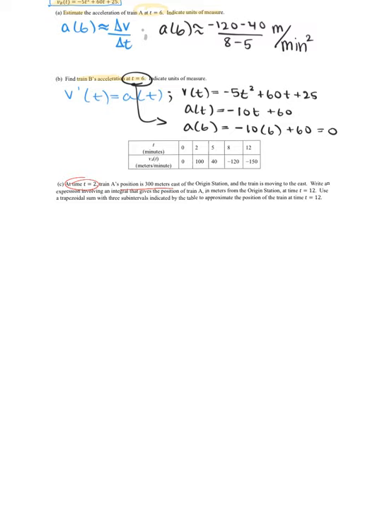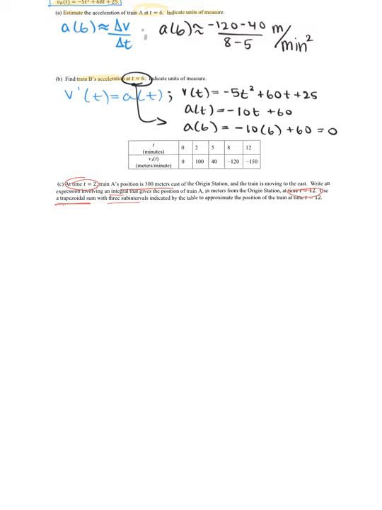Write an expression involving an integral that gives the position of train A in meters from the origin station at time t equals 12. And then use a trapezoidal sum with 3 subintervals indicated by the table to approximate the position at time t equals 12. Okay, so I know a couple of things, so I'm going to summarize what I know right now.